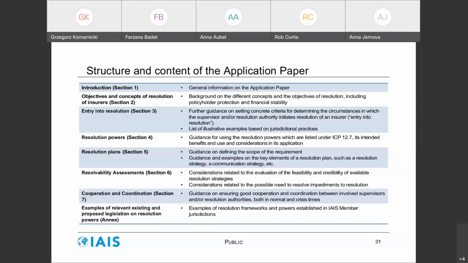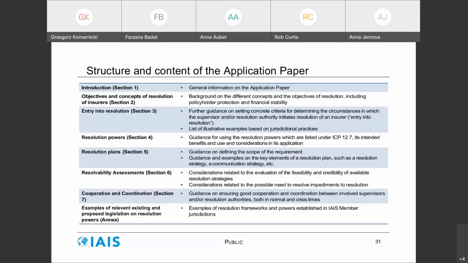Section 7, the cooperation and coordination, just talks about good cooperation and coordination between the involved supervisors and/or resolution authorities. This is both in the normal course of business as well as any crisis event.